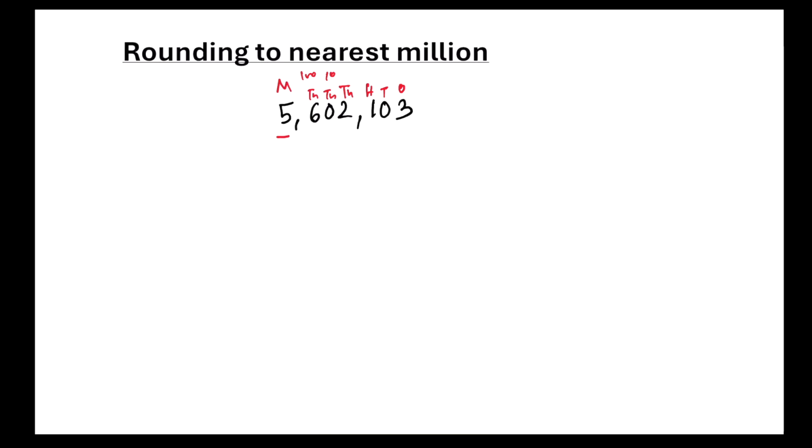So I put a small line on 5. As with the same rule, look at the previous digit, 6. The thumb rule is 0, 1, 2, 3, 4: no change. 5, 6, 7, 8, 9: we do have to change. So 5,602,103 will become 6 million because the previous digit in the 100,000 place is 6.